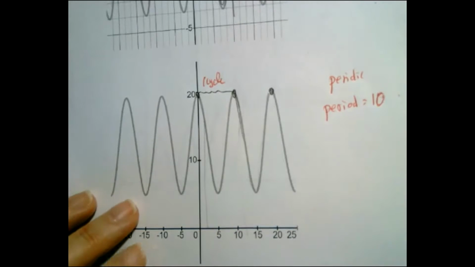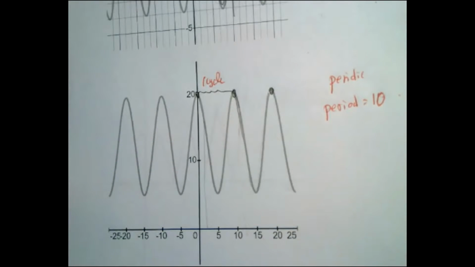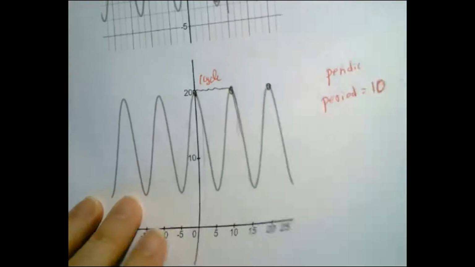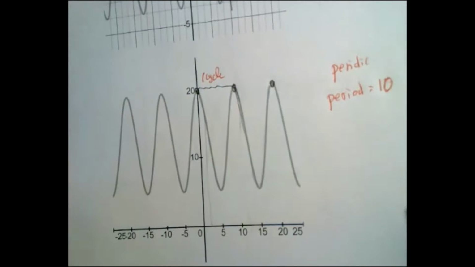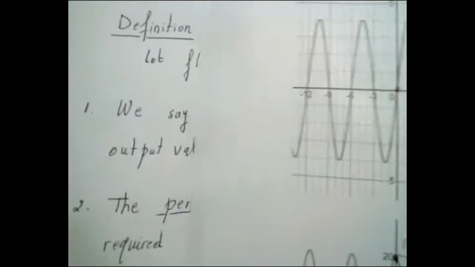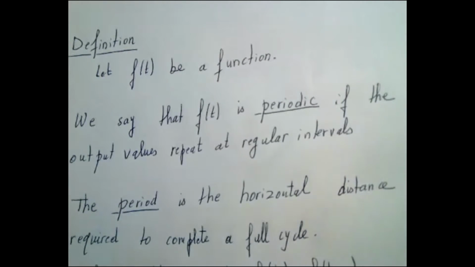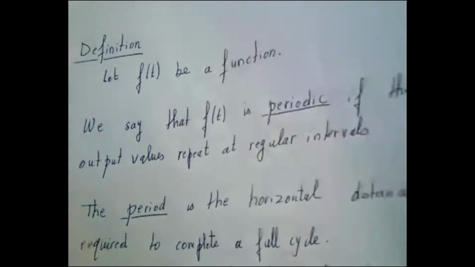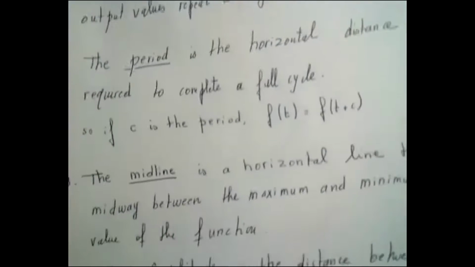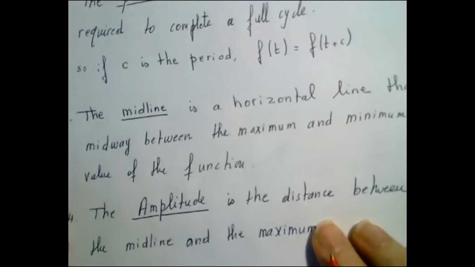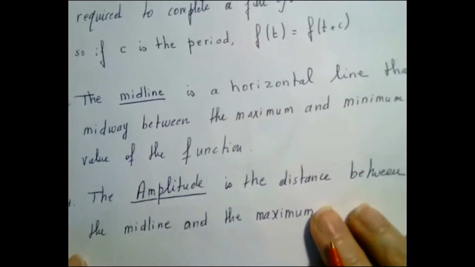All right. Now, part 2 is, whenever we have a periodic function, we talk about two things: midline and amplitude. Slowly, we will try to give a physical meaning to that. But first, what is the midline? Of course, I will define it for you, and then we work with it.